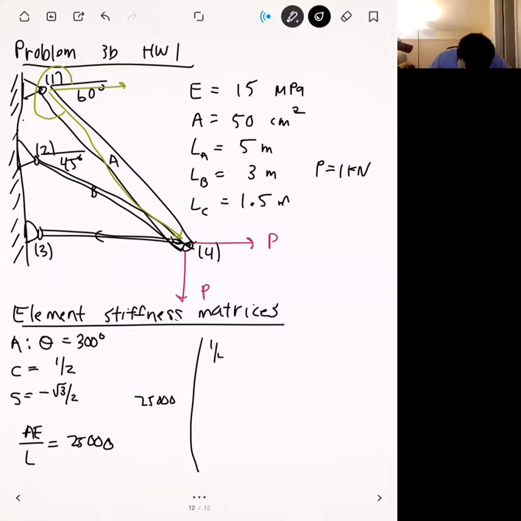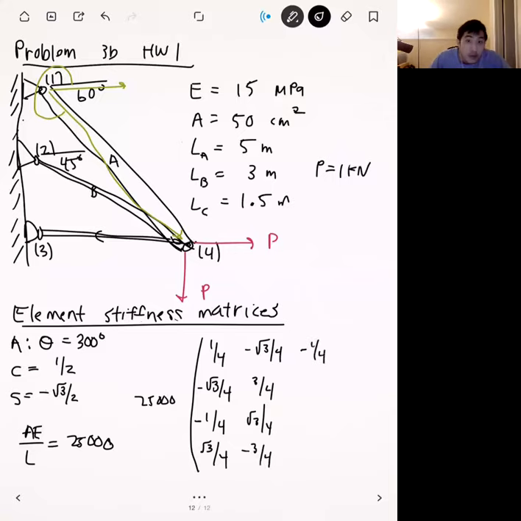So we have 1/4, minus root 3 over 4, minus 1/4, root 3 over 4; minus root 3 over 4, 3/4, root 3 over 4, minus 3/4; minus 1/4, root 3 over 4, 1/4, minus root 3 over 4; root 3 over 4, minus 3/4, minus root 3 over 4, and 3/4.